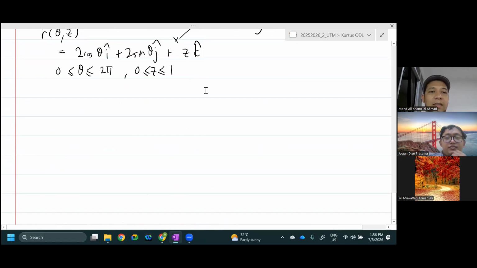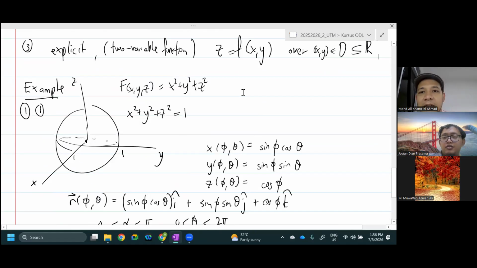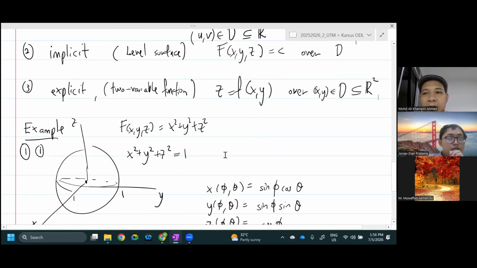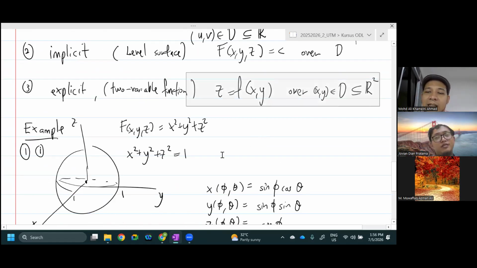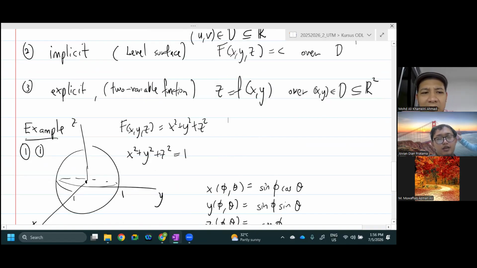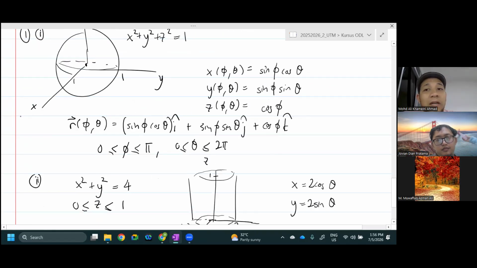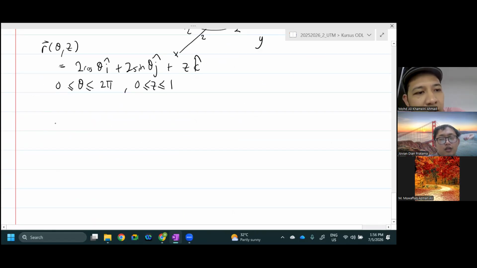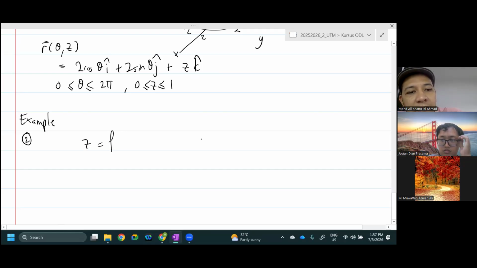So an example for the explicit form. I think you may be familiar already with two variable functions. The simplest one is maybe the paraboloid. So example 2: z equal to f of x, y equal to x squared plus y squared.